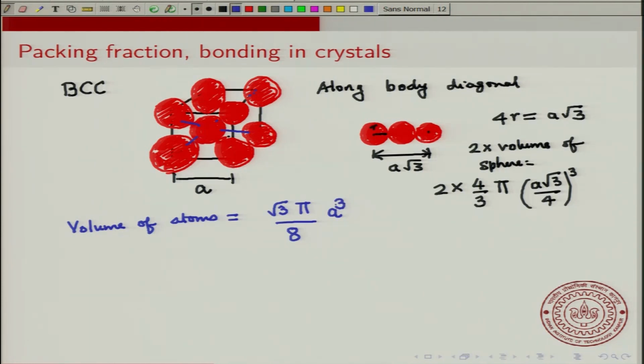And the volume of the cell is equal to a cube.